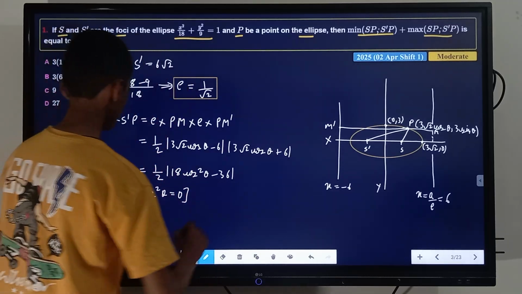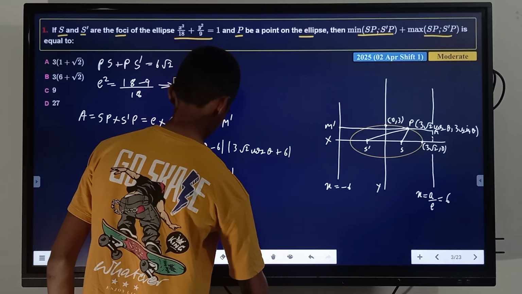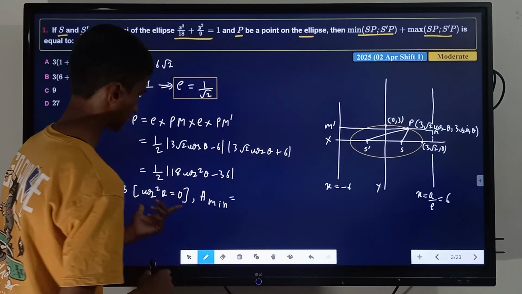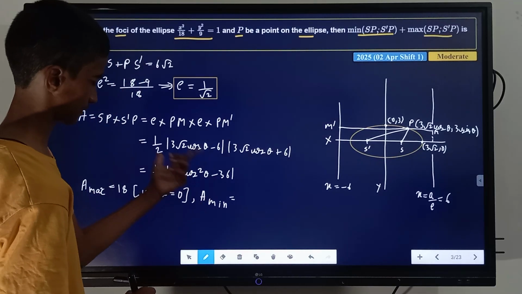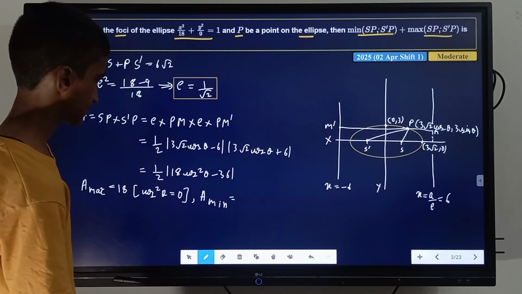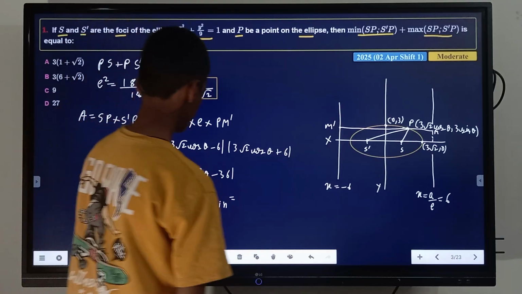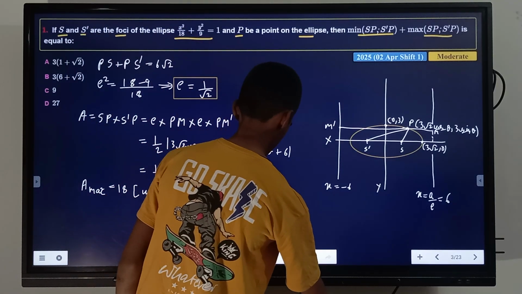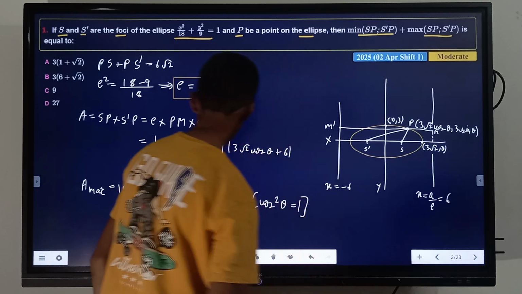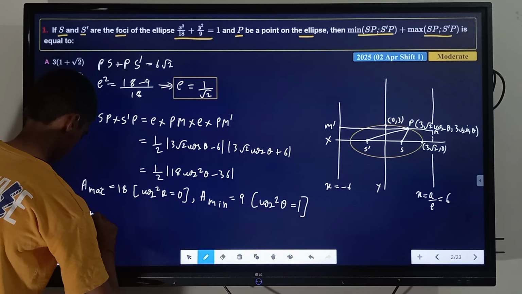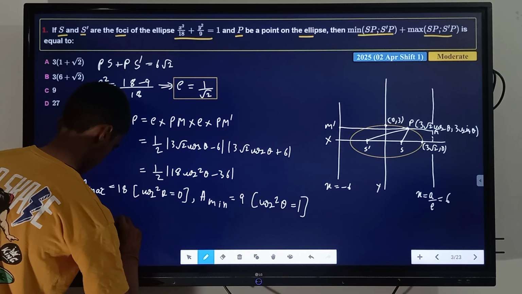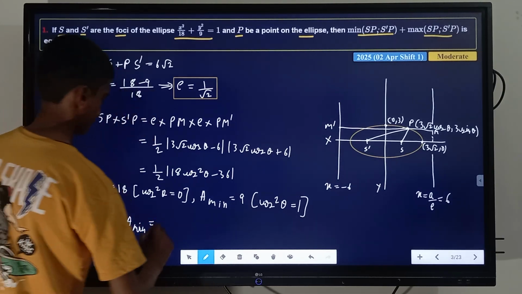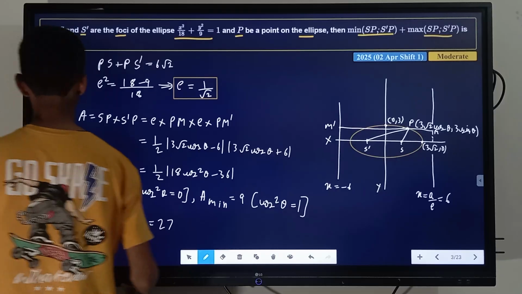And A min is equal to, when cos square theta is equal to 1, 18 minus 36, minus 18. Mod of minus 18 is 18 and 18 upon 2 is 9, when cos square theta is equal to 1. So from here A max plus A min is equal to 18 plus 9, 27.